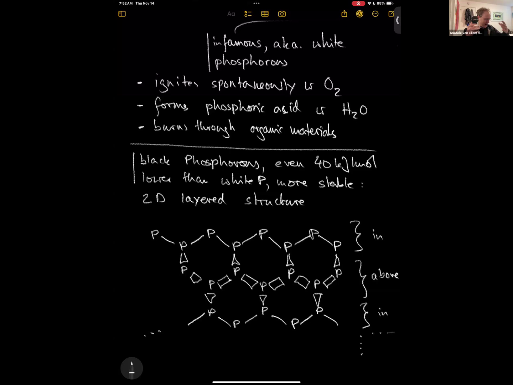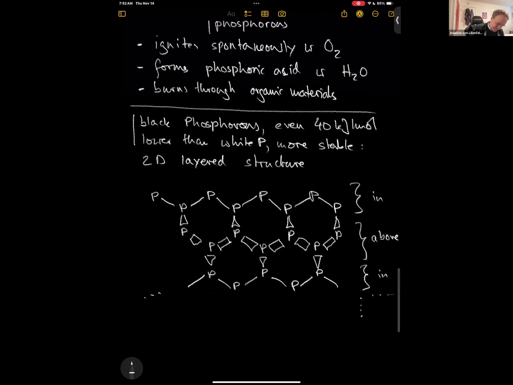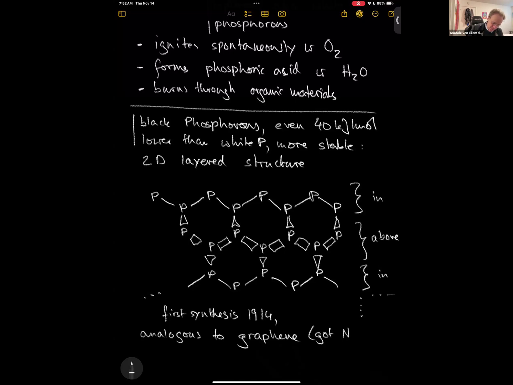And this is quite analogous to, so the first synthesis, I believe, was in 1914, and there's some similarity to the layered materials which you encounter in graphene, which was only really discovered and established quite recently, and it got the Nobel Prize in 2010.